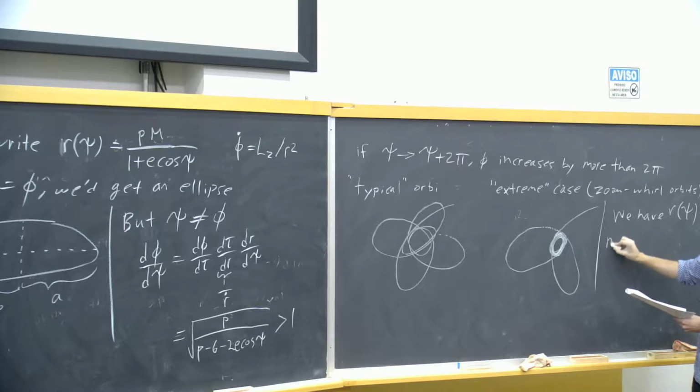Last thing we need is t as a function of psi. So how does the actual Schwarzschild time relate to this parameter psi that we've introduced? And we can find that by, again, just using chain rule. dt d psi is dt d tau. So dt d tau is, I'll call t dot, which is E over f of r.